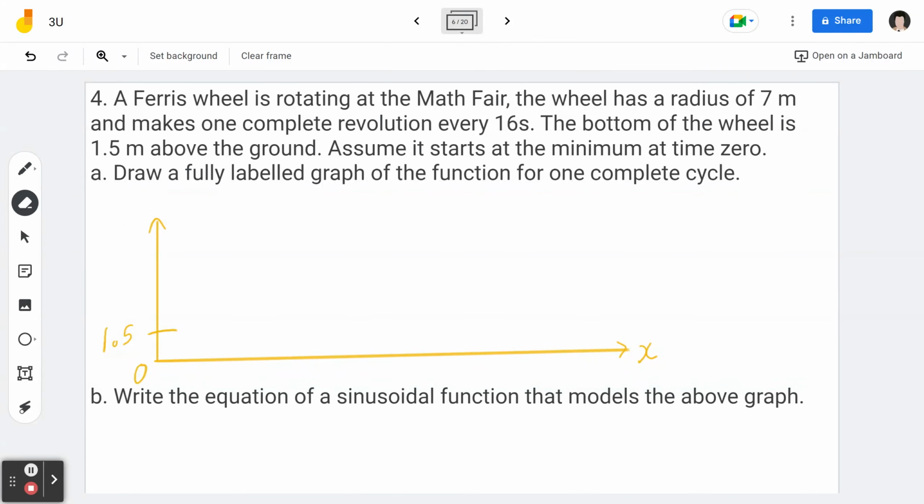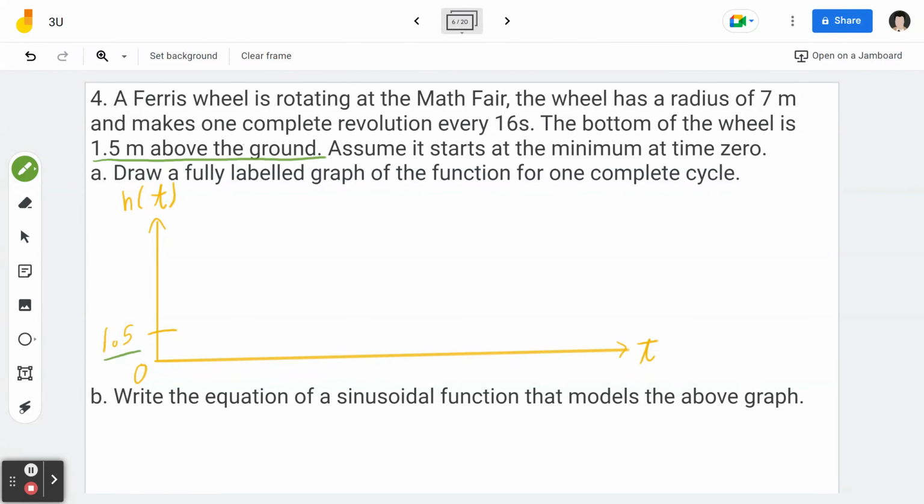So t is going to be time, and H of t is going to be height. Again, the fact that it's 1.5 above the ground, that's going to be the minimum. Now think about the radius. The radius is 7 meters, so the amplitude is going to be 7 meters.